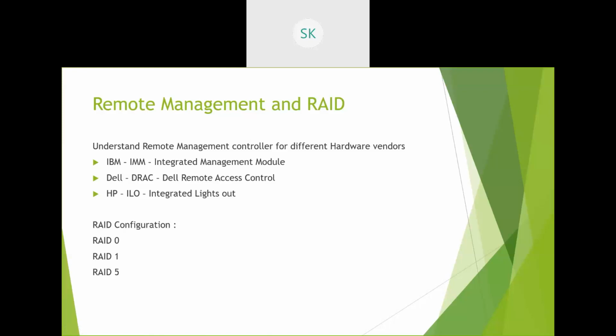By accessing the blade enclosure IP address, I can connect to any of the servers out of the 16 blade servers. So UCS, Unified Computing System, is a powerful tool by Cisco. We can manage a lot in that particular tool.